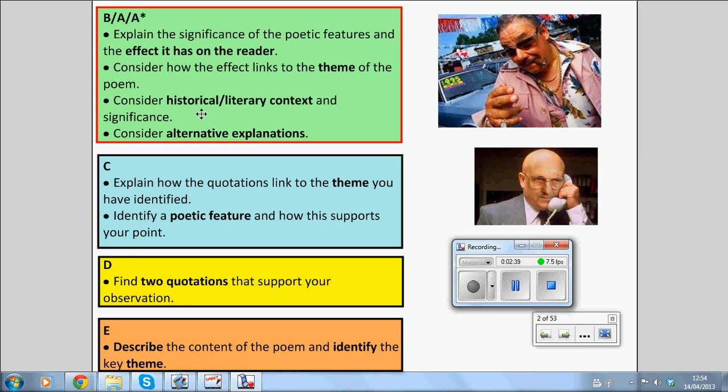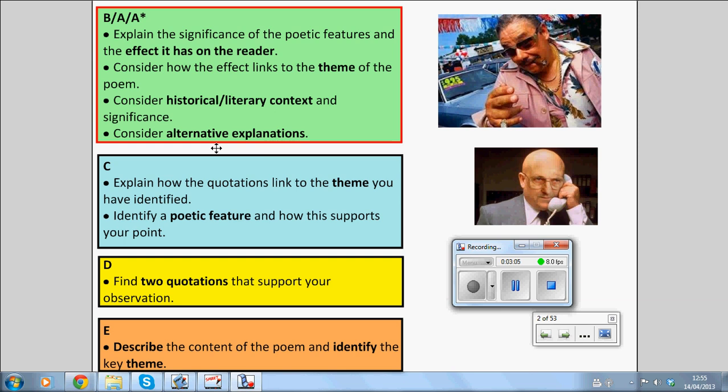And it may be that there is some kind of historical or literary context and significance to the poem. So for example, we've looked at Belfast Confetti, so you would need to talk about the conflict in Ireland at the time and be able to link what the poet is saying to what was going on. You would also, for the higher grades, consider alternative explanations or alternative interpretations.